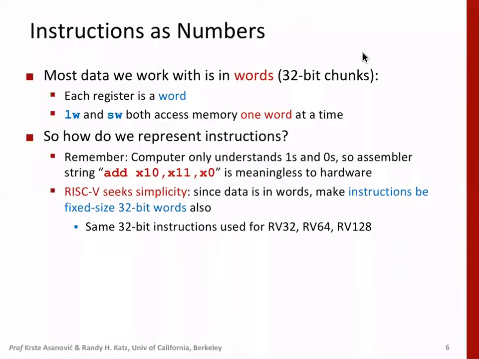Now we may have this kind of instruction: add x10, x11, x0. If you give this to hardware to execute, it's meaningless. The hardware can only interpret zeros and ones, so this has to be converted into something meaningful to the underlying hardware.